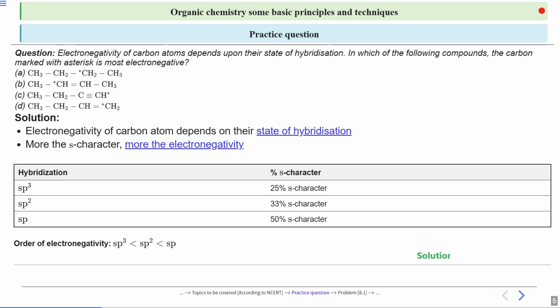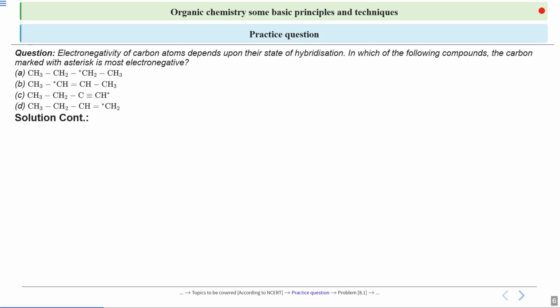On this basis, we can easily say that out of the 4 options, the third option has the highest electronegative marked carbon. How? Let us see. If you look at the compound in option C, you would notice that the marked carbon has 2 sigma bonds. How? The marked carbon in option C has 2 types of group.